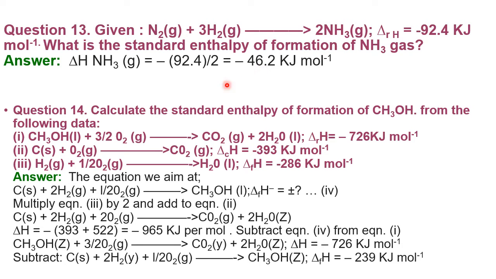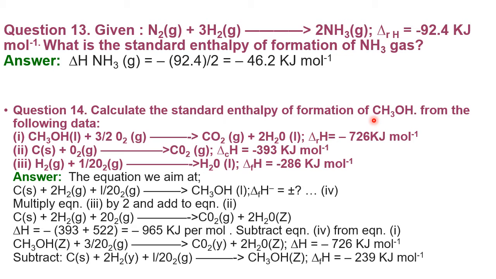Next, calculate the standard enthalpy of formation of methanol from the following data. These three are the data given. Now we have to calculate the enthalpy of formation of methanol.